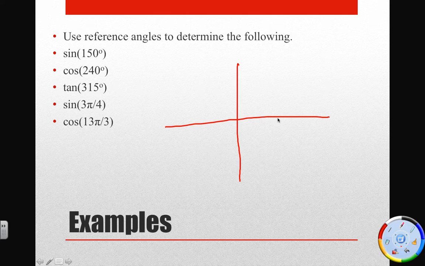One full time around my circle, that'd be 6 pi over 3. And then you go around again, that would be 12 pi over 3. So here is 6 pi over 3. Here is 9 pi over 3. Here's 12 pi over 3. Oh, here's 13 pi thirds.